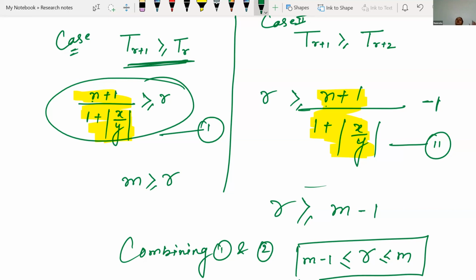How did we get it? Take the r plus 1th term greater than the rth term, writing nCr x to the power n minus r, y to the power r, and the rth term in the same manner. Simplifying it, you end up with the yellow term here, and here also the yellow term and minus 1. So rather than saying it every time, we call it m. Now we have the relation that r lies between m minus 1 and m. Is it clear?